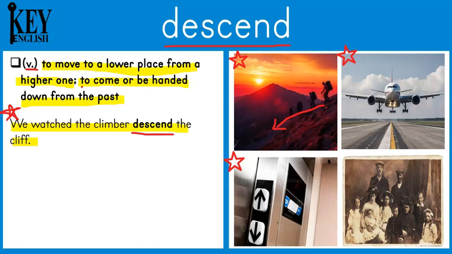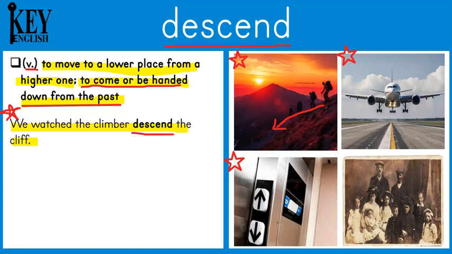The second meaning of descend, to come or be handed down from the past, means that something can be given to you from people in the past, usually from your family that lived a long time ago.